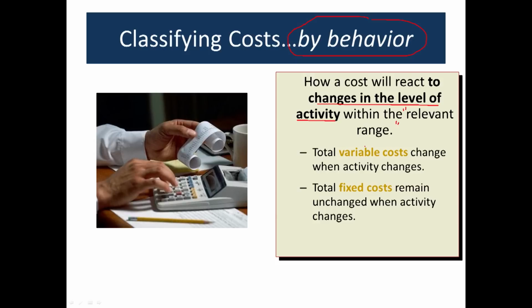Now, total variable costs change as activity changes. Total fixed costs remain unchanged as activity changes. Say that again. Total variable costs change as activity changes. Total fixed costs remain unchanged as activity changes.